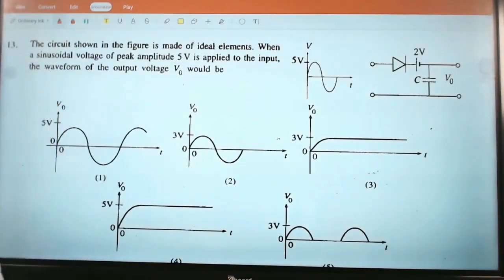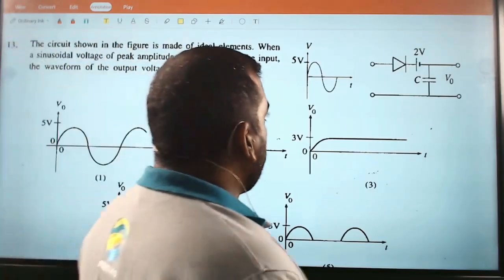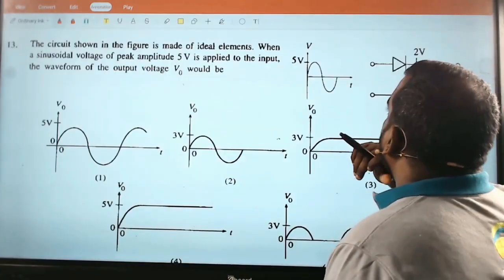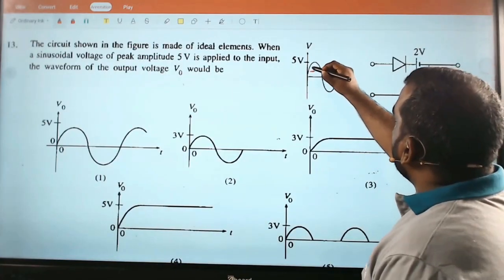The circuit shown is made up of ideal elements. When a sinusoidal voltage of peak amplitude 5V is applied to the input, a waveform of the output voltage will be V0. Right. So you can see a diode connected here. Input voltage here positive.